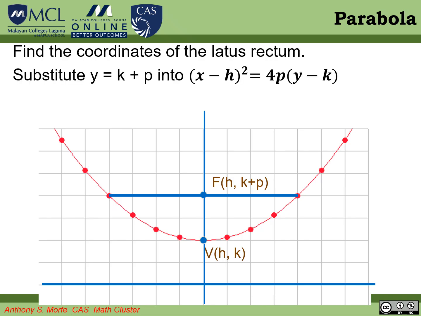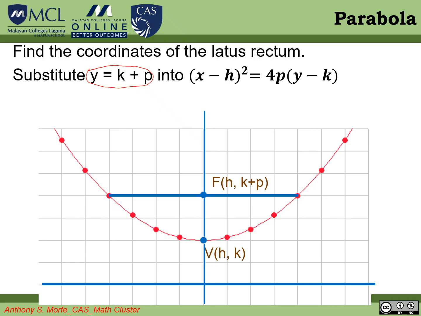First, remember that we have this expression. To find the coordinates of the latus rectum, we have to substitute y equal to k plus p.